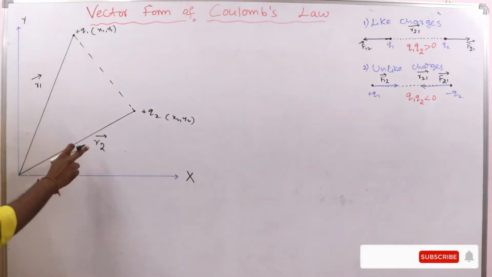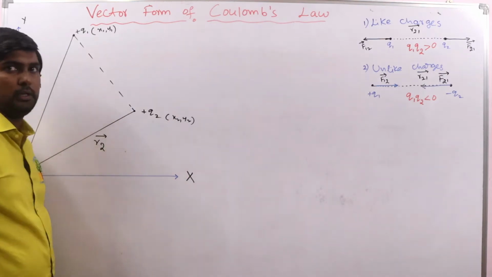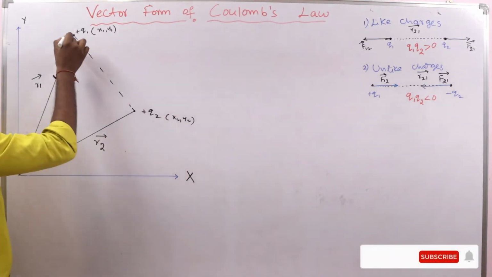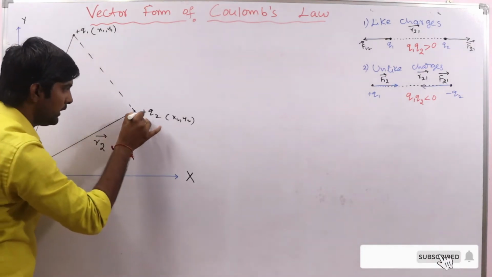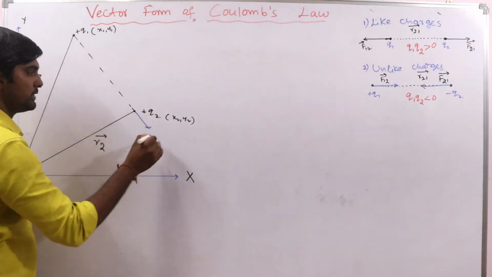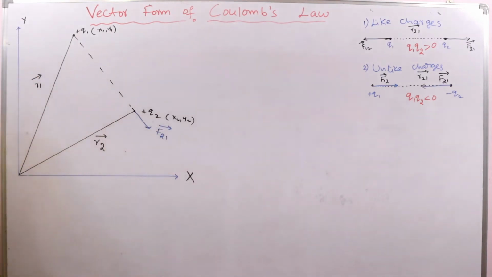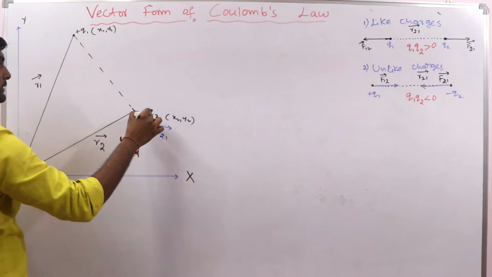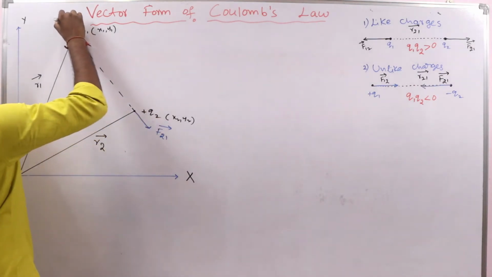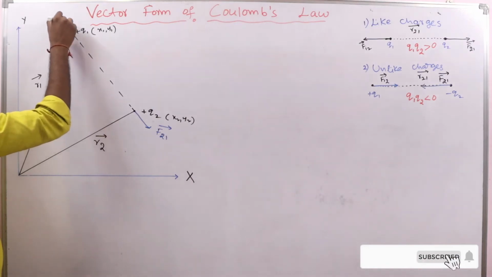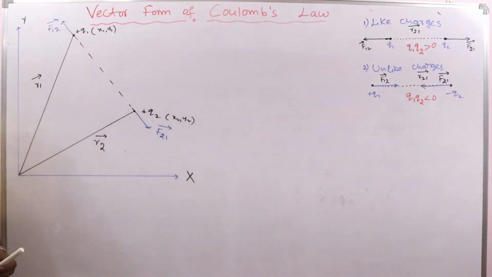Now the first charge exerts some force on the second charge, that is the force on the second charge due to the first charge, and at the same time the second charge exerts some force on the first charge, that is the force on the first charge due to the second charge.